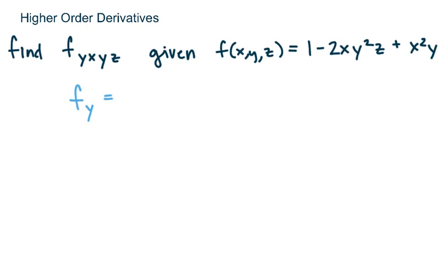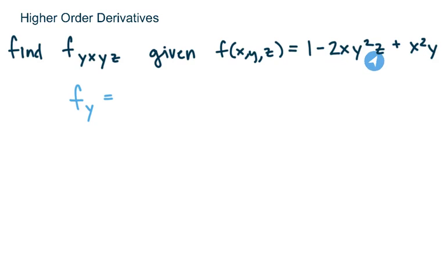The derivative of 1 is a constant, so that's 0, it's gone. So here I have y squared. z and x would be constants if we are differentiating with respect to y. So I have 2xz y squared. The derivative of y squared is 2y.